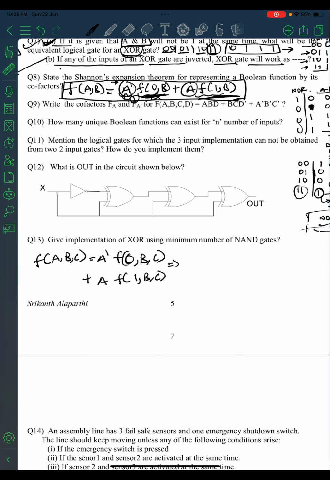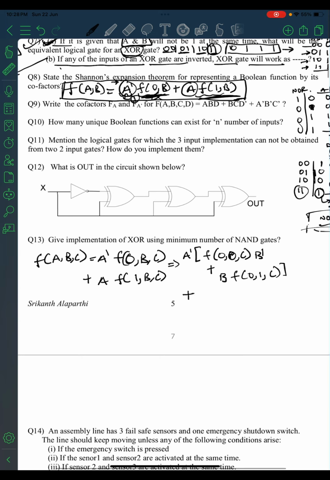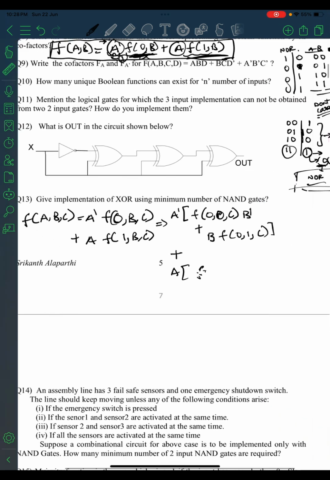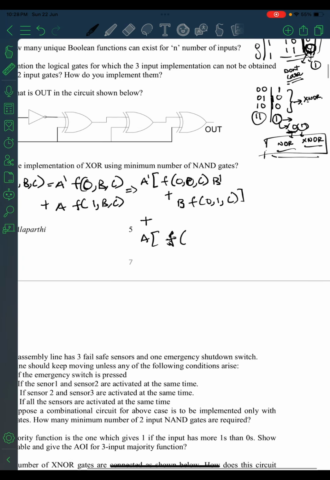This can be further expanded as a dash into f of 0 comma 0 comma c into b dash plus b into f of 0 comma 1 comma c, plus a into f of 1 comma 0 comma c into b dash plus f of 1 comma 1 comma c into b.